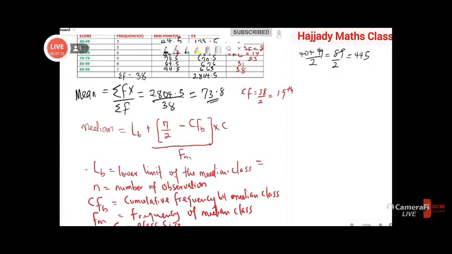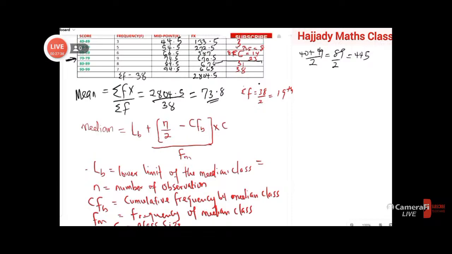Let me change the pen so we can see what we mean by the median class. So our median class is going to be this, straight down like this. So it's 70 to 79.